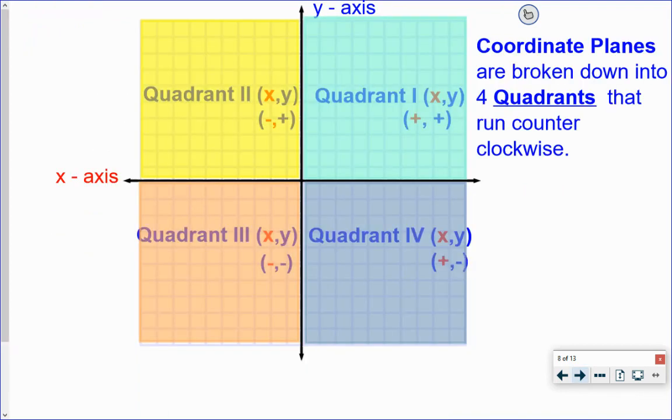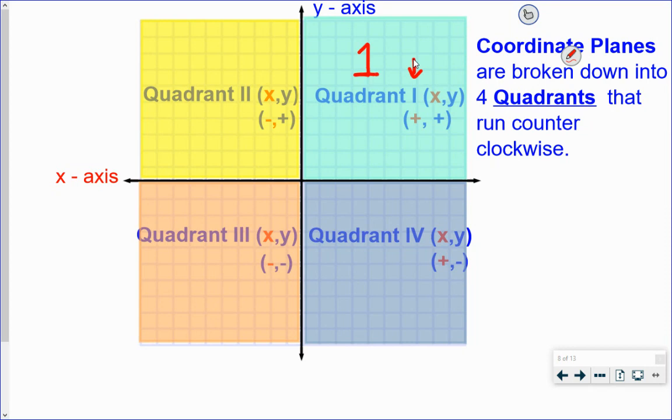Now, the coordinate plane is also broken into 4 sections called quadrants. Okay, and these quadrants go counterclockwise. So I'm going to write regular numbers. These are called Roman numerals. But this is the number 1. This is quadrant 1.